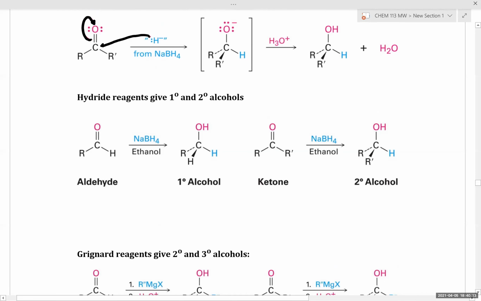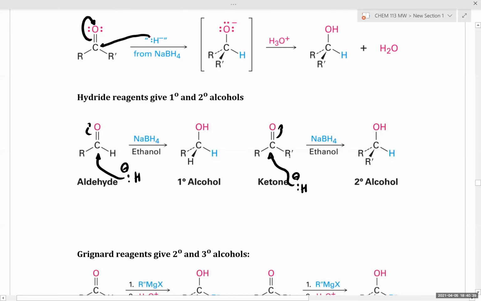So if you have an aldehyde, you'll always get a primary alcohol, because the substitution of the alcohol depends on whether you start with an aldehyde or a ketone. So for example, if you have an aldehyde, hydride attacks and you get a primary alcohol. If you have a ketone, when hydride attacks the carbonyl carbon, you get a secondary alcohol.